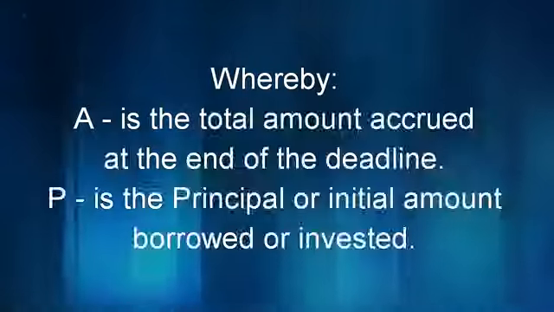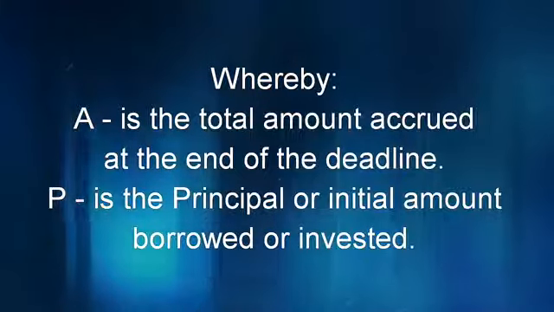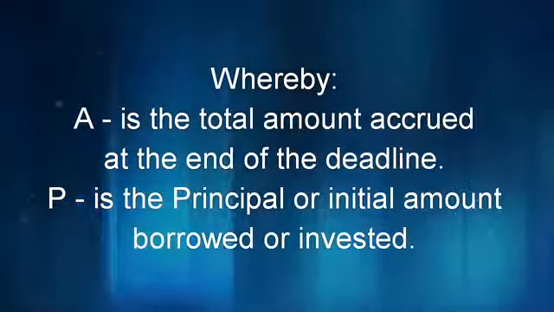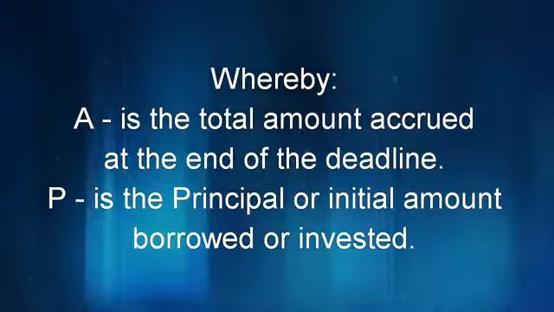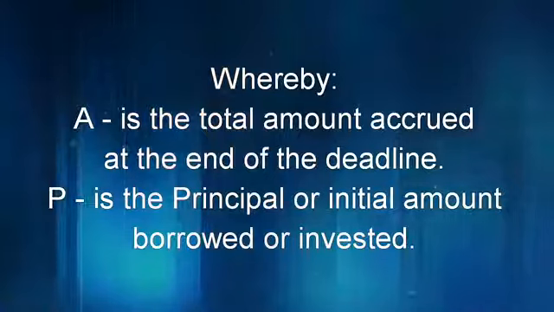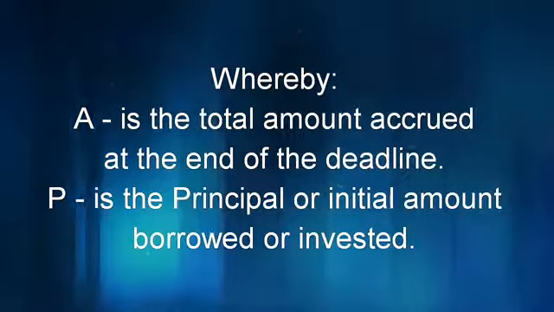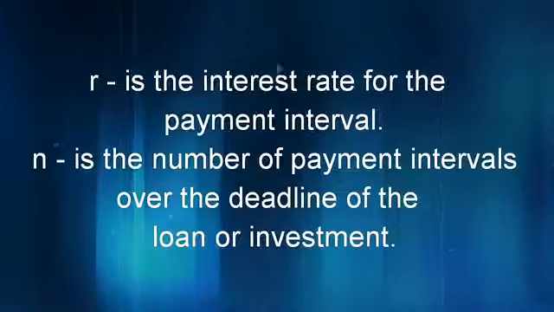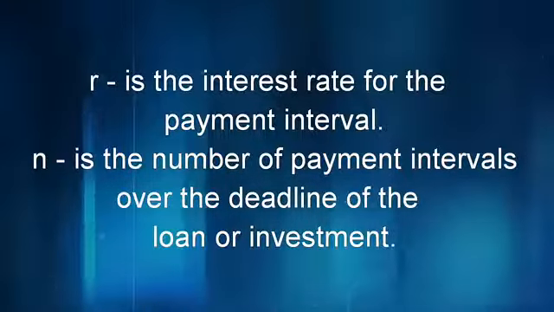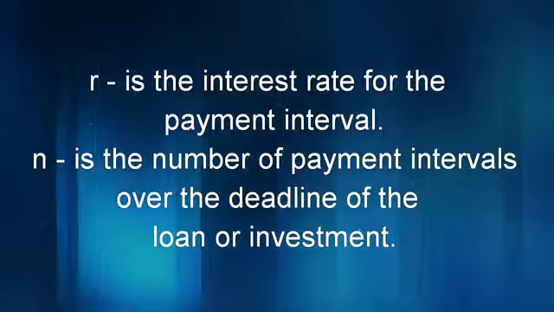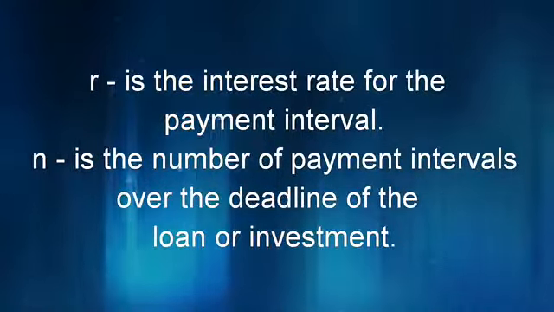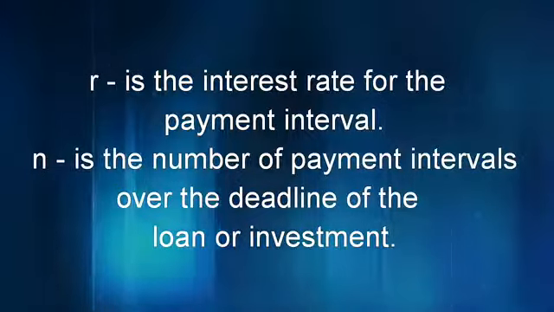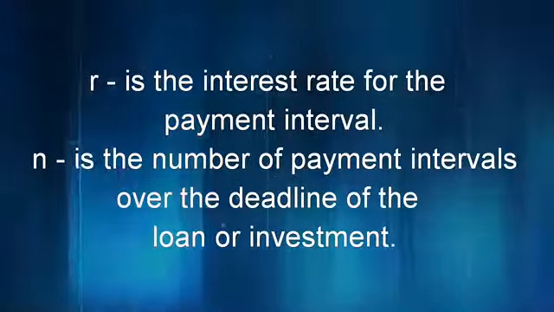whereby A is the total amount accrued at the end of the deadline, P is the principal or initial amount borrowed or invested, R is the interest rate for the payment interval, and finally N is the number of payment intervals over the deadline of the loan or investment.